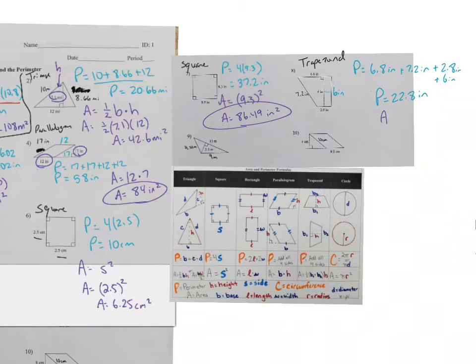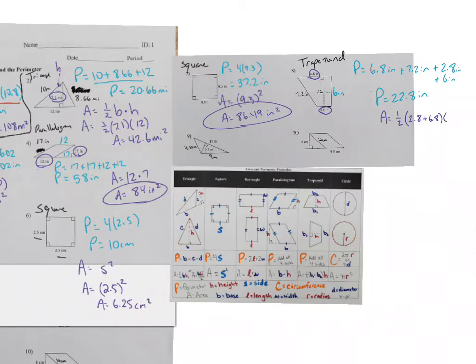Now my area. The area for a trapezoid, this is just the formula. I like to use this formula because, like I said, I like having the fraction up front. It kind of keeps you guys from making mistakes. These are the two bases because the height is perpendicular. So that's base 1 and base 2. It doesn't matter. So I'm going to do 2.8 plus 6.8. So it's 1/2 base 1 plus base 2 times the height.